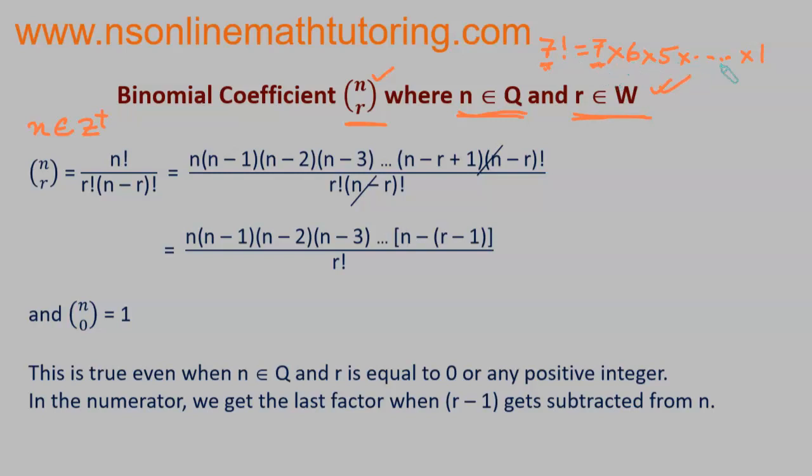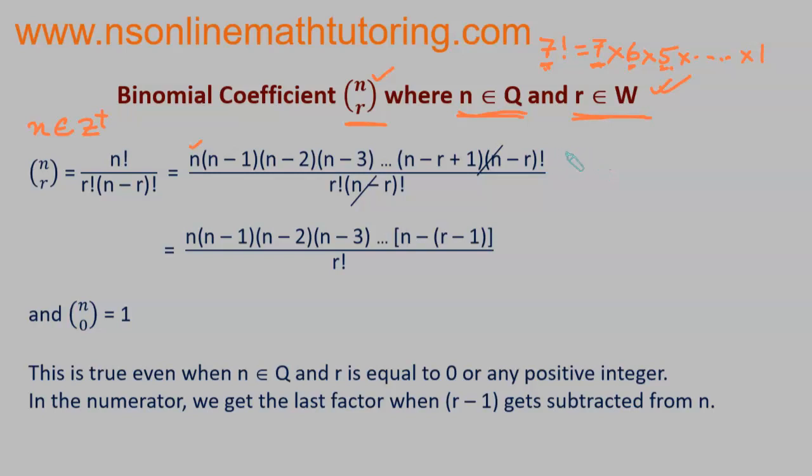And what will be the remaining numbers? 6 is 7 minus 1, so it will be n minus 1. 5 will be n minus 2. That way, it will be just going on decreasing in steps of 1. So, I have written exactly the same. It starts with n, then n minus 1, then n minus 2, next n minus 3. It continues till 1.